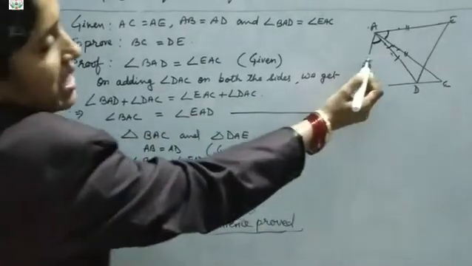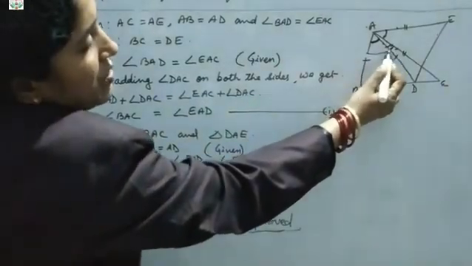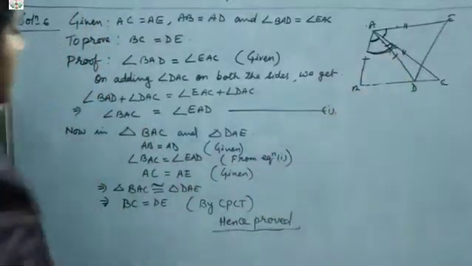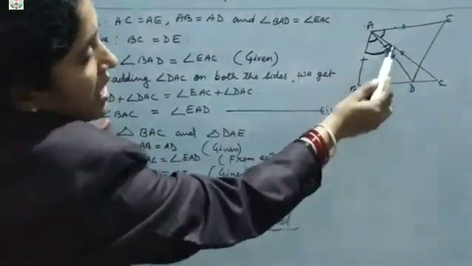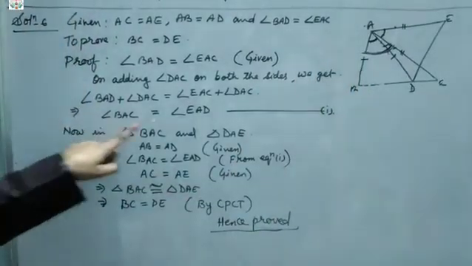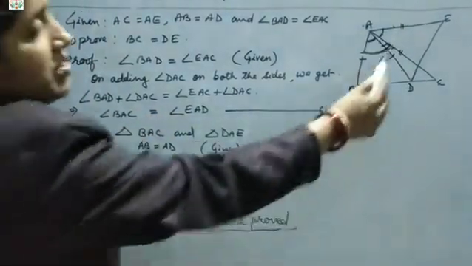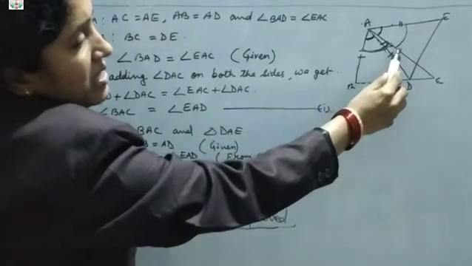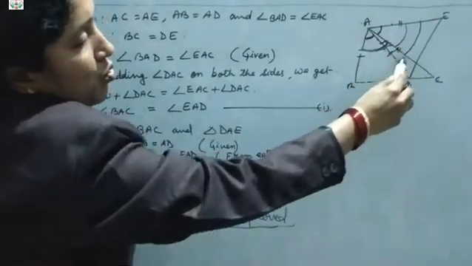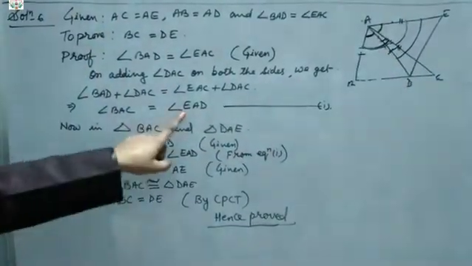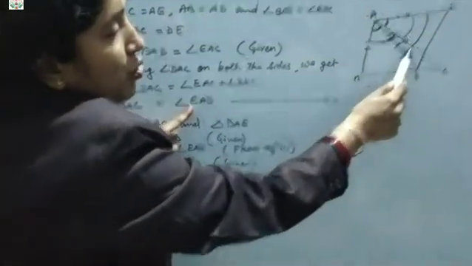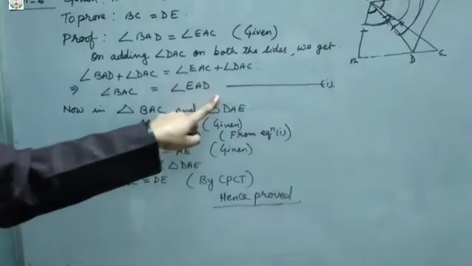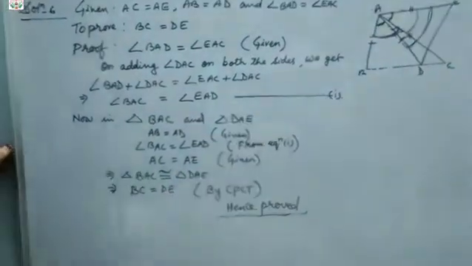Now if this angle plus this angle becomes this whole angle, that is angle BAC, this big angle, right? That is equals to, now this angle plus this small part gives what? This whole angle. So that is equals to angle EAD, this whole angle. Okay, mark it as equation 1.